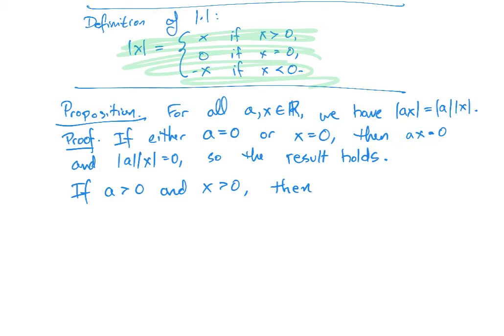Then ax is greater than 0. So the absolute value of ax is equal to ax. Let me just show you, if we really want to show a bunch of steps.